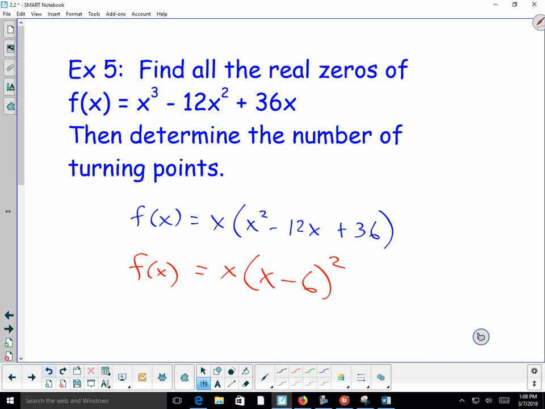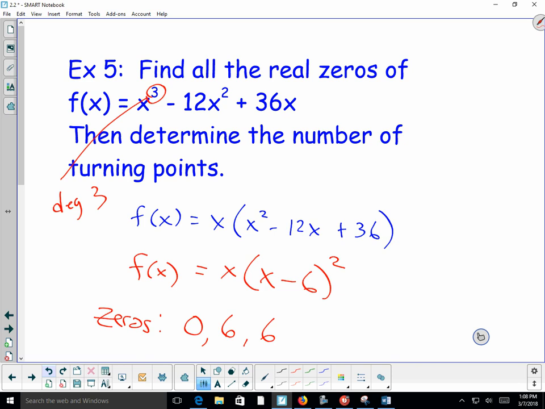Remember, it's a degree 3, right? So how many zeros should we have? 3 zeros. They might be real, they might be imaginary, they might be repeated, but there will be 3 of them. Do we know all 3 of our zeros? What are they? 0, positive 6, and positive 6. Are we okay with this?